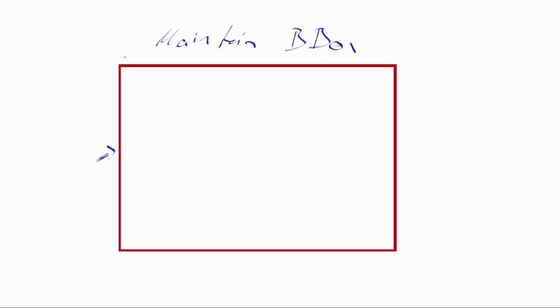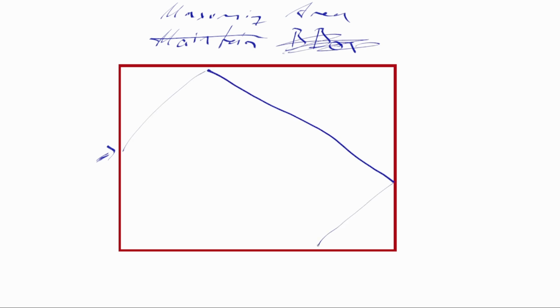We could also say, instead of maintaining the bounding box, maximize the area, so that we're trying to draw the rectangle in here at any angle where we're maxing the area out. But that'll lead to really weird skewing, because these lengths will adjust quite aggressively.